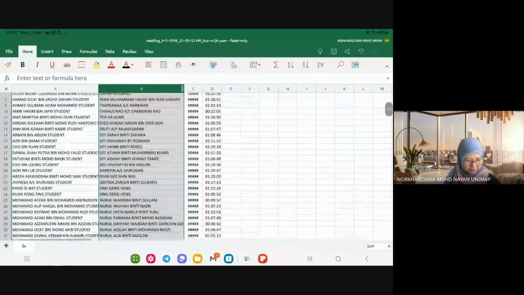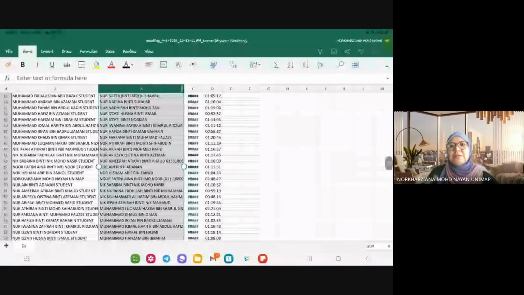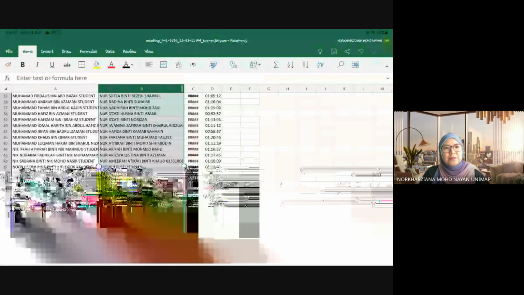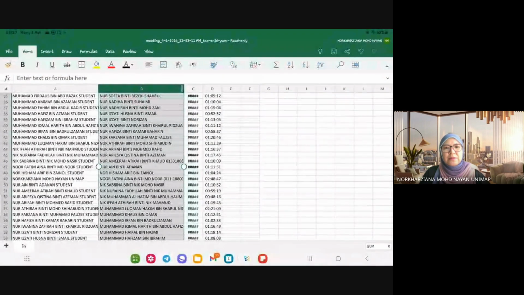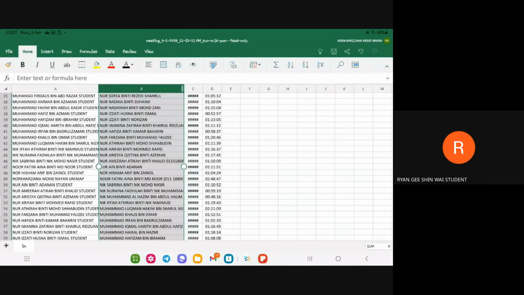Kenapa tak jumpa paper dia ke? By right, dah semua orang boleh jumpa paper.